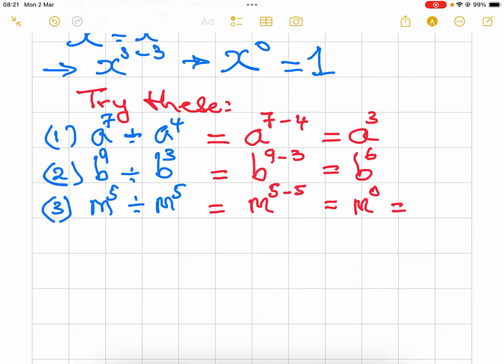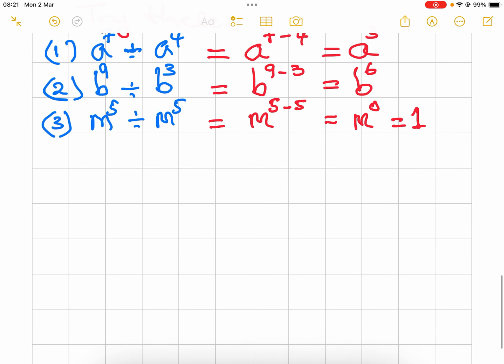And then the third one, m raised to power 5 minus 5, which is m raised to power 0, which is 1. And the reason is that any non-zero number raised to power 0 is 1.